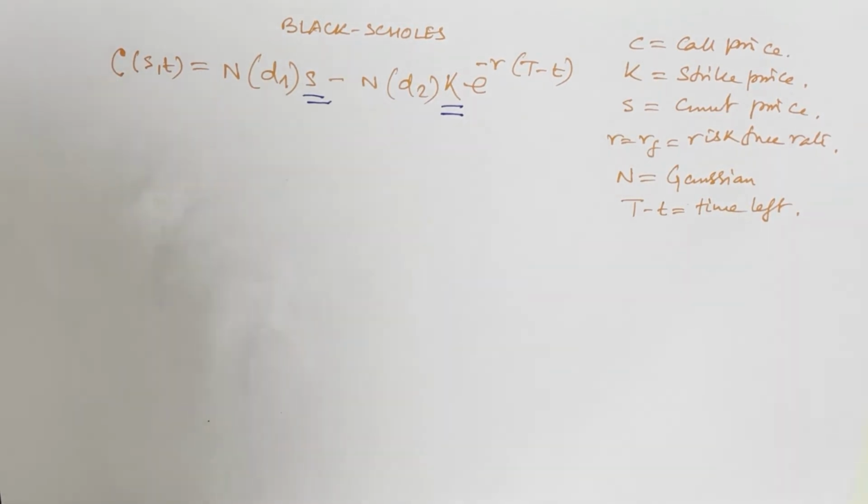So we are bringing the future calculation into present. Otherwise, we can't put it in one equation. That is why K is multiplied by e to the power minus r(T minus t), where K is discounted with the risk-free rate. So here, this is an assumption that the discounting happens at a risk-free rate, which may not be true all the time.